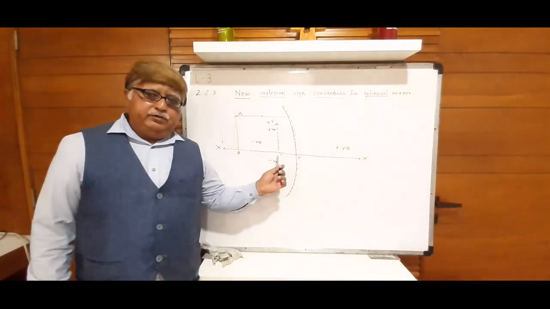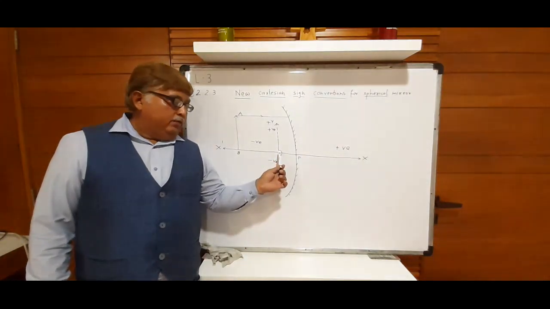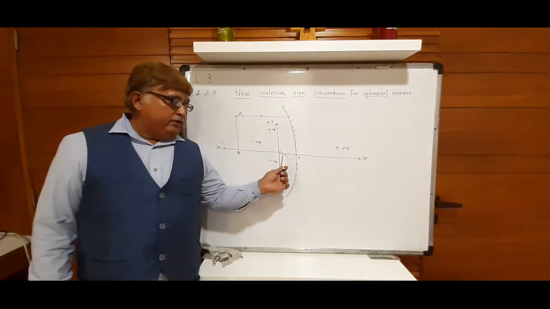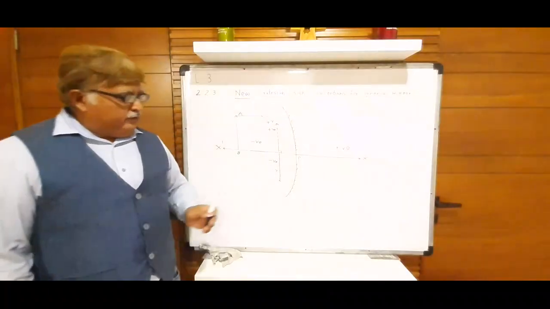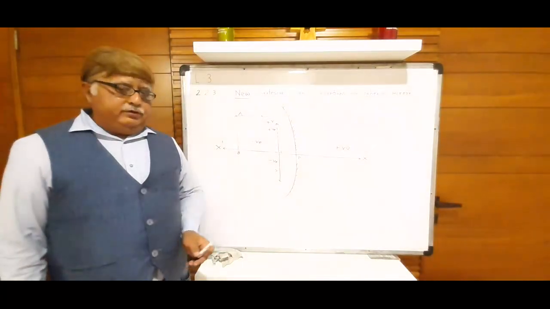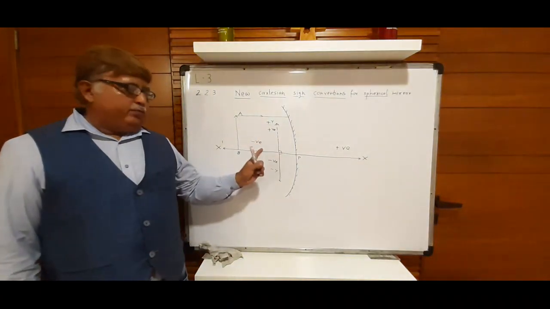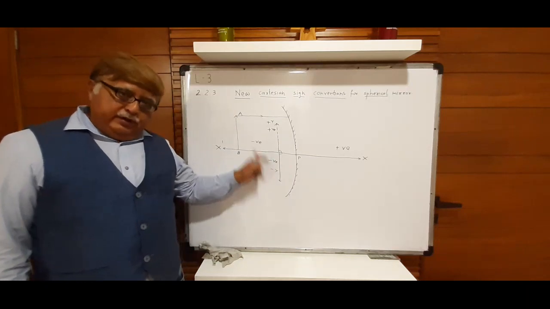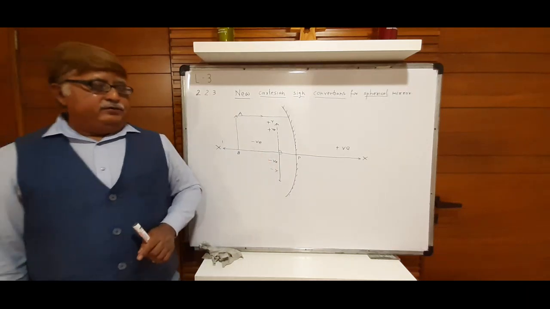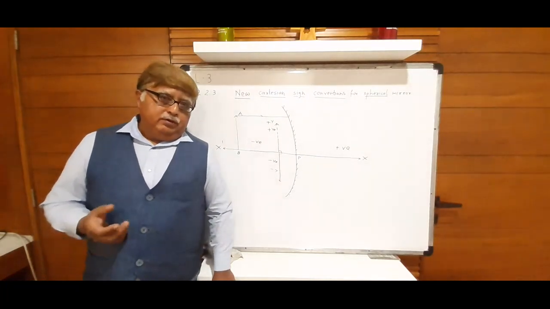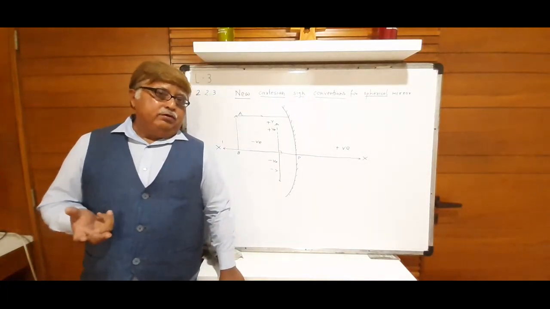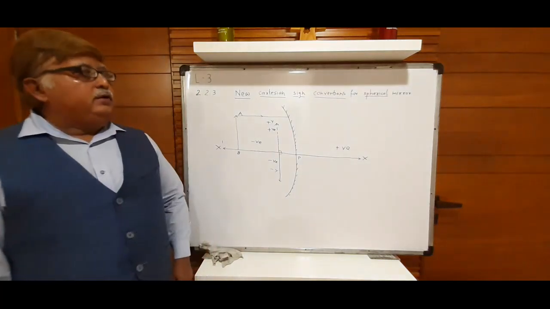All distances measured perpendicular to principal axis in positive y direction are taken as positive, and all distances measured perpendicular to principal axis in negative y direction are taken as negative. These rules are going to help you a lot when you solve numericals regarding spherical mirrors.